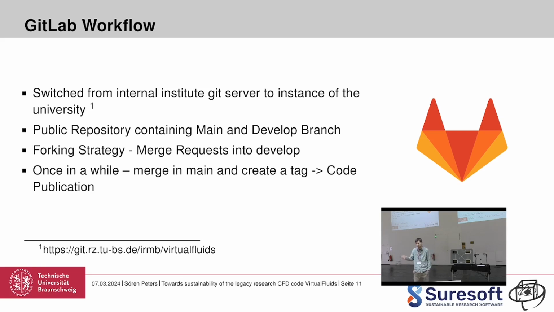Develop is the branch where all changes sum up, and then once in a while, we merge back into the main branch, create a tag, and create a publication out of this. That's the last step. By the way, we have been doing this since December last year, so it's a pretty new process. So far, we are at version, I don't know, 0.1 or something like this.